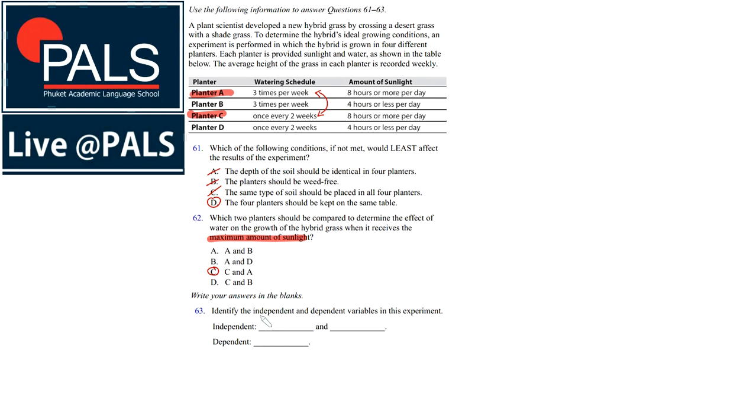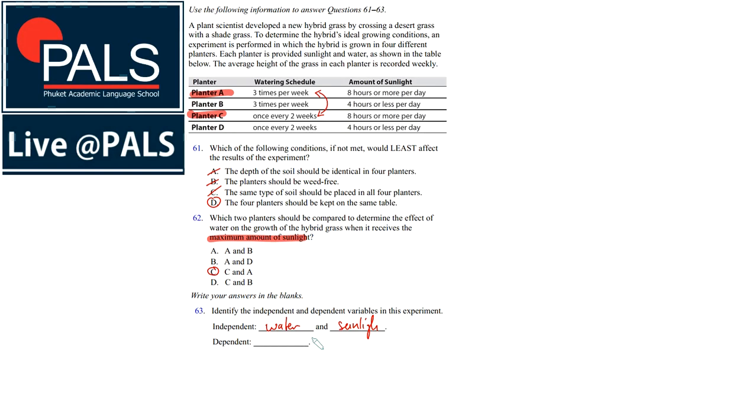Identify the independent and dependent variables in this experiment. So this is a bit of a special experiment because we have 2 independent variables. We are changing the watering schedule and the amount of sunlight. So independent are amount of water and amount of sunlight. Now the independent variable is what we change on purpose to see the effect of it in our experiment.